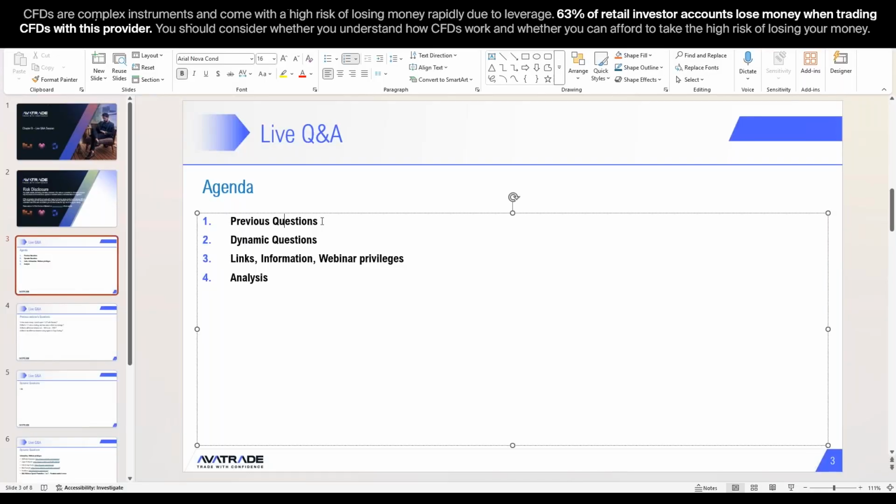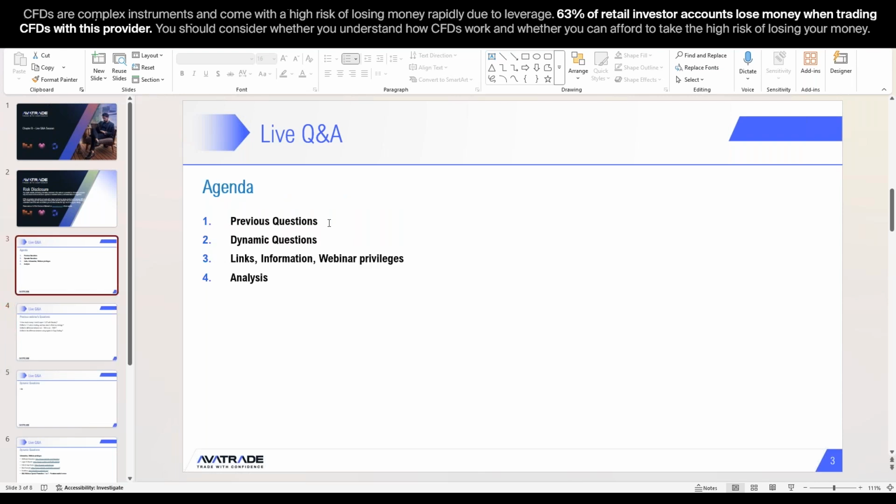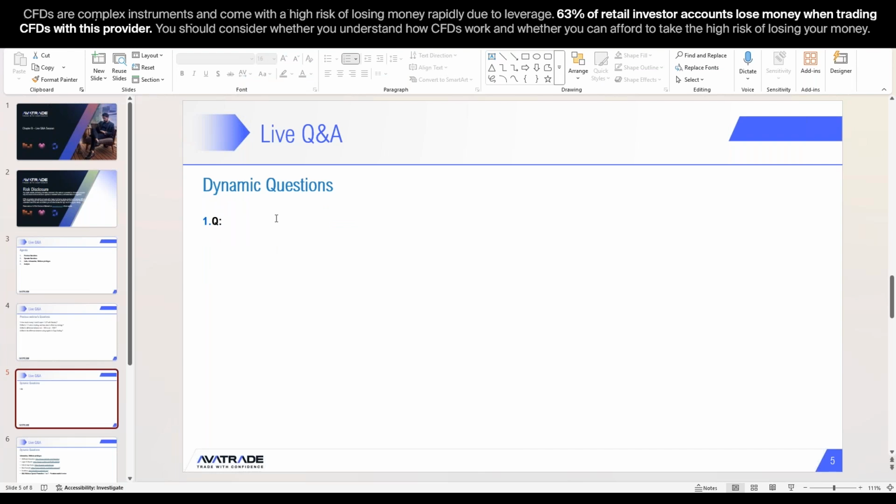And in the presentation, we can see that the first part will be the previous questions that we received, which is this slide over here. We're going to go through the questions and we will do our best to answer them. The second part is the dynamic questions, which are questions that you guys can ask and I can write down here. We will go through them and answer them as well.